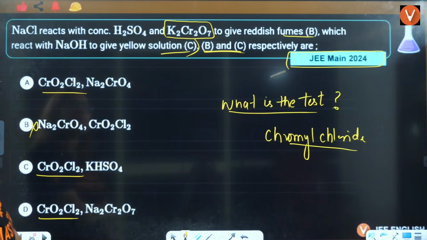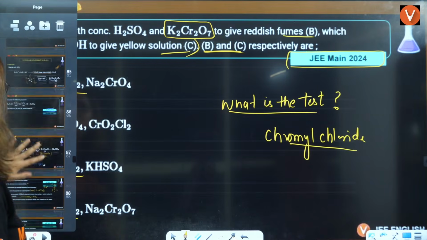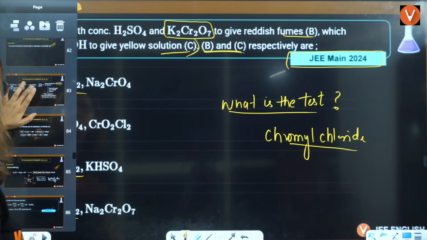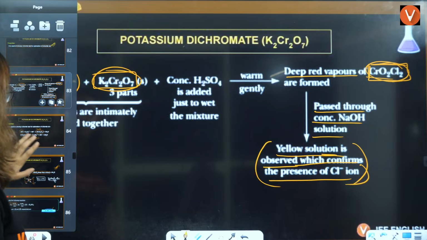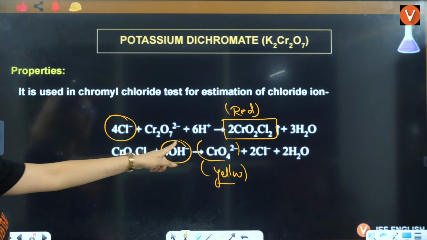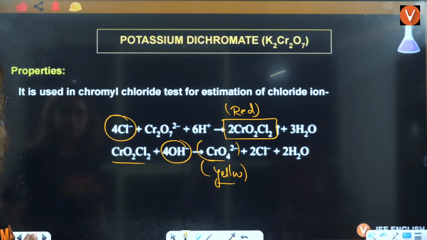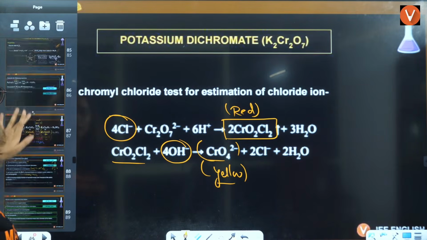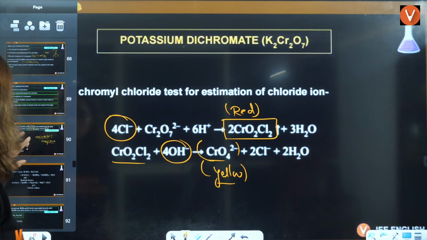Now the yellowish fumes are of which of the following? KHSO4, Na2Cr2O7, and this one? Here we discussed that the yellowish fumes will be of CrO4 2 negative, that is the chromate ion. You can see this over here.